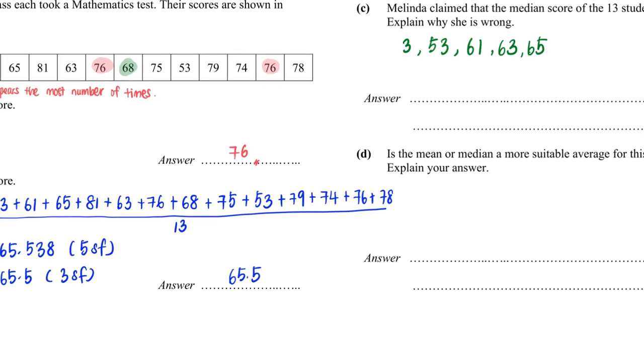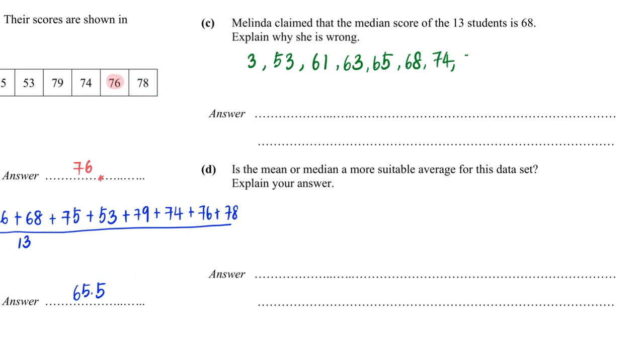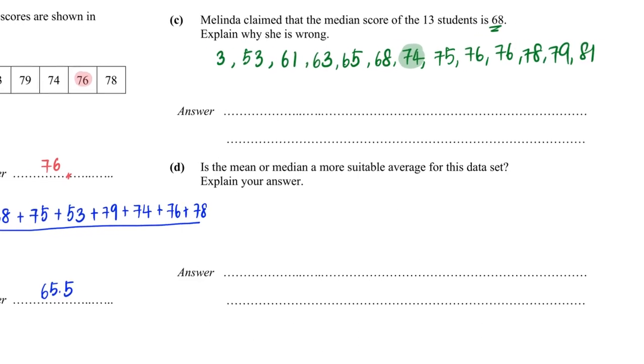And we approach the 70. Okay, from here 68, 74, 75, 76. Two of them, followed by 78, 79, and 81. And from here, we can actually see that 74 is indeed the middle number and not 68.